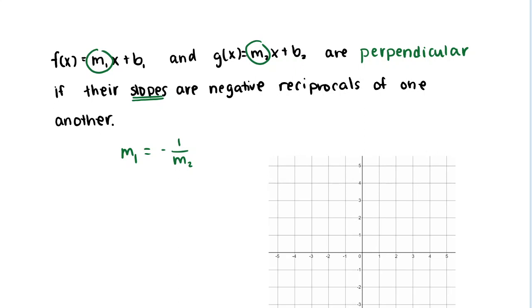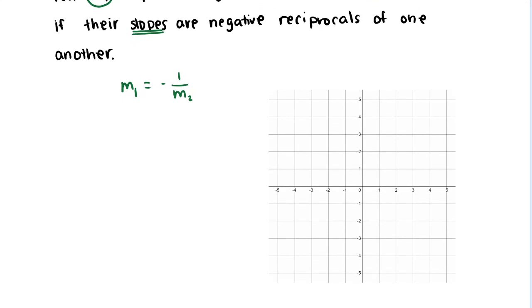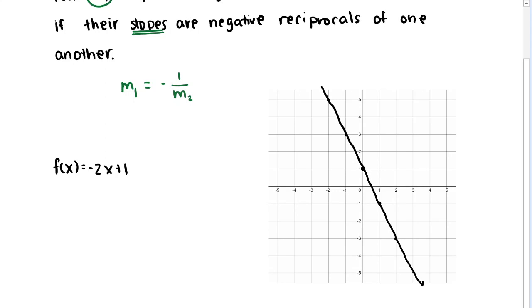That's what it means for these two lines to be perpendicular. And so, to have a very concrete example, if I had f of x equals negative 2x plus 1, what does the graph of this equation look like? Here we have a vertical intercept of the point 0, 1, and a slope of down 2 over 1. So the line looks something like this. This is f of x.